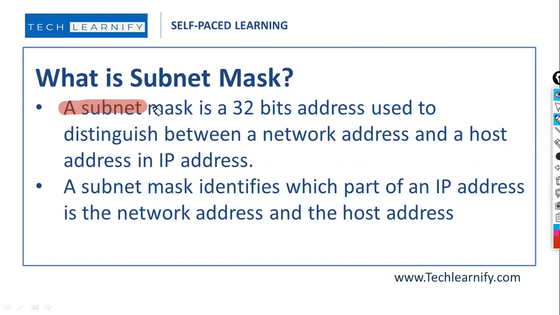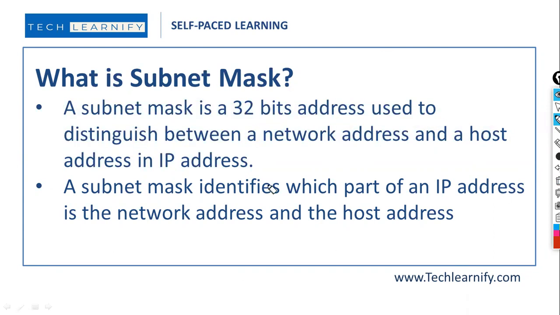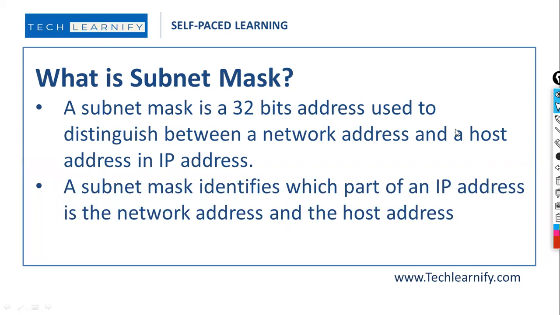A subnet mask is a 32-bit address used to distinguish between the network address and the host address in an IP address. A subnet mask identifies which part of an IP address is the network address and which is the host address.